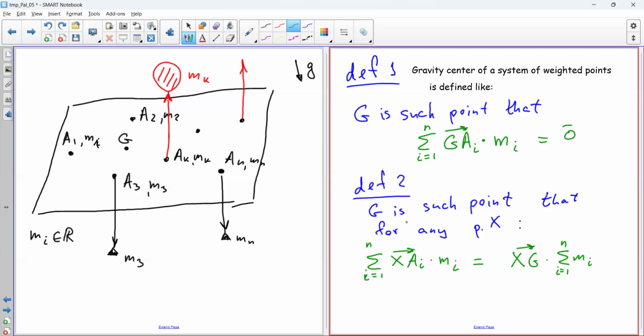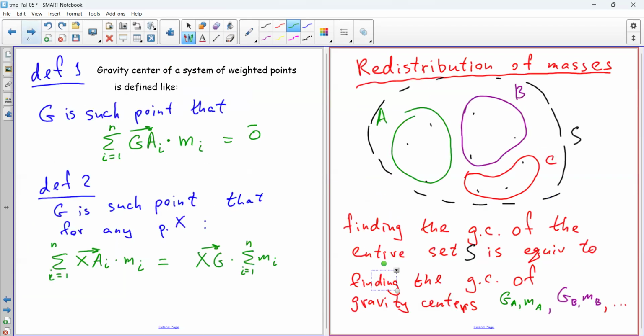Then the gravity center would be a unique point, and these two definitions would be equivalent. But as for now, we just use that it is unique, and that we may choose any of these two definitions. So I will use this definition to check.